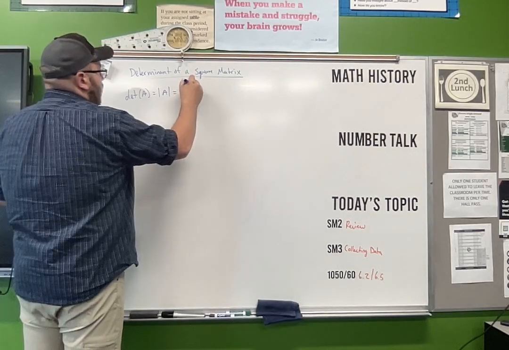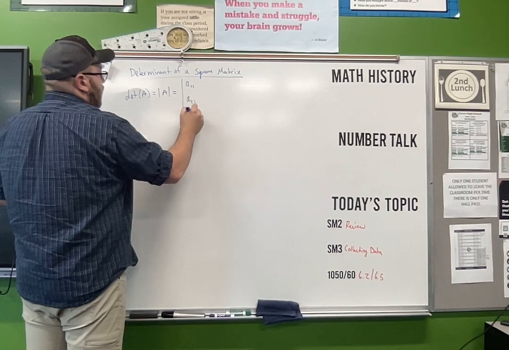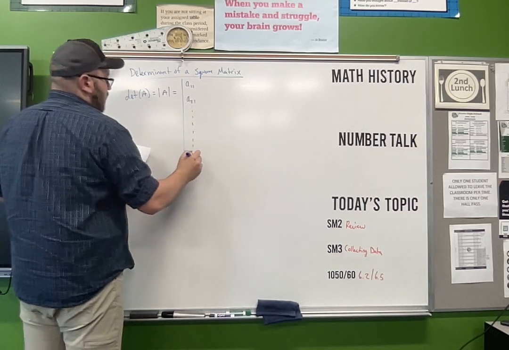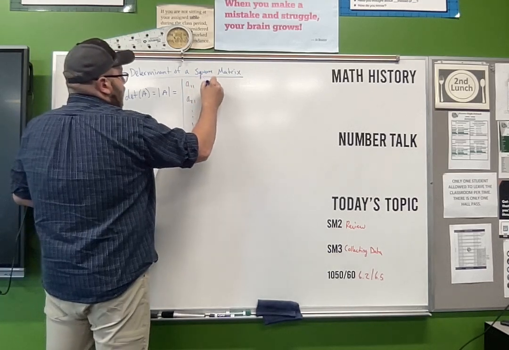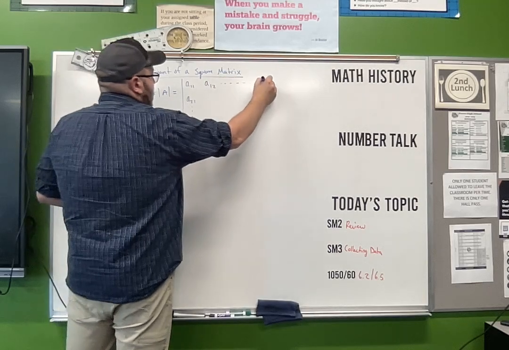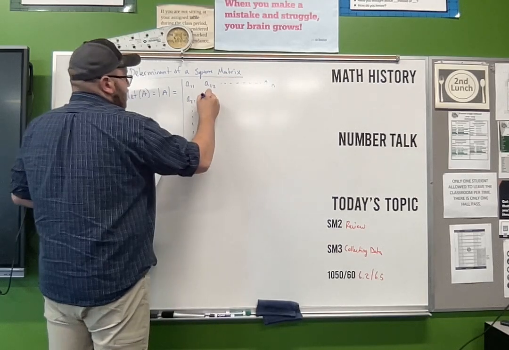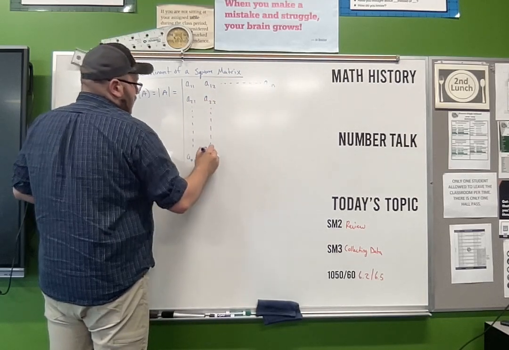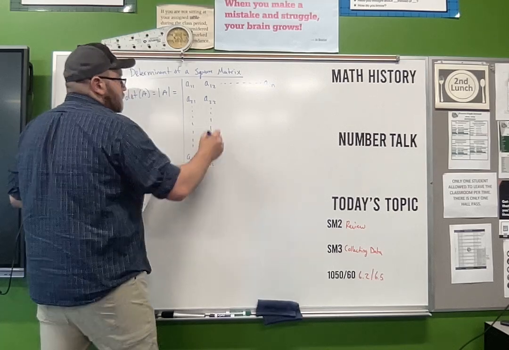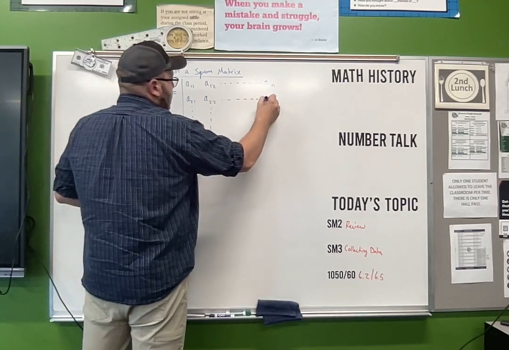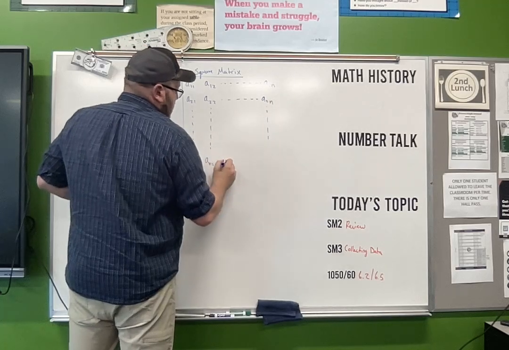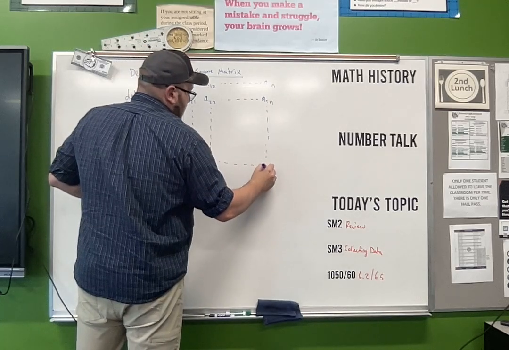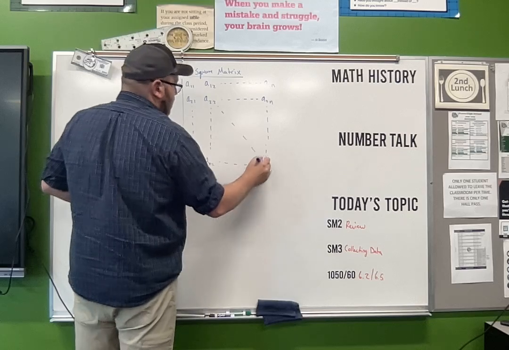So here we have a11, a21, all the way down to an1. This is a12, all the way to a1n. And this is a22, all the way down to an2. But this is all the way over to a2n. All right, and then these continue until we get ann, and there's stuff in between also.